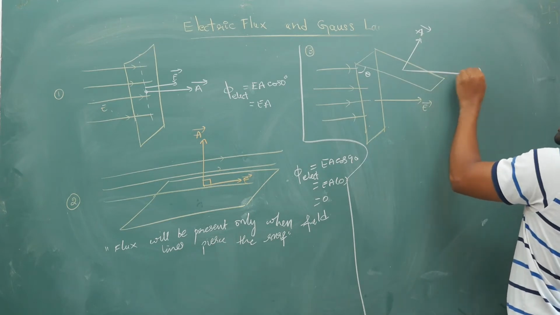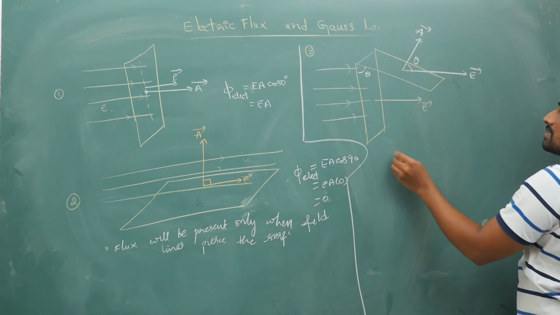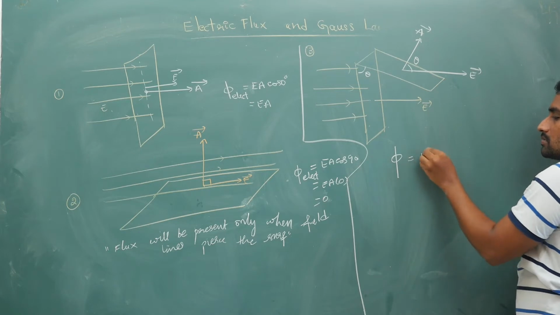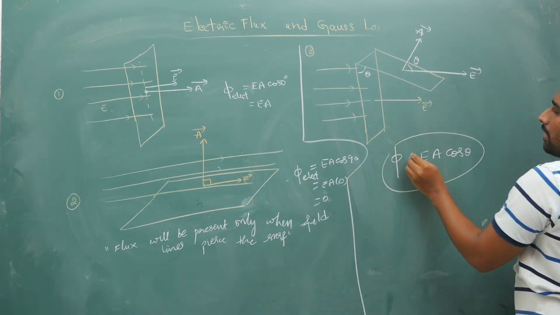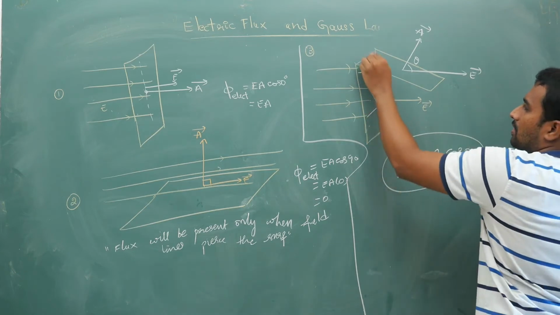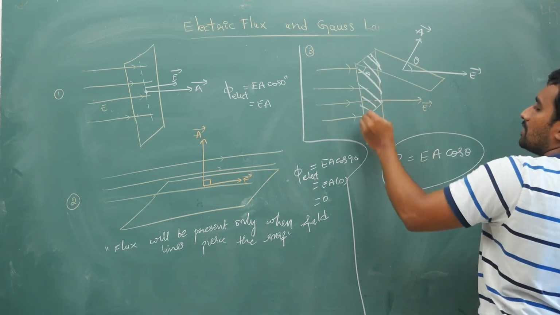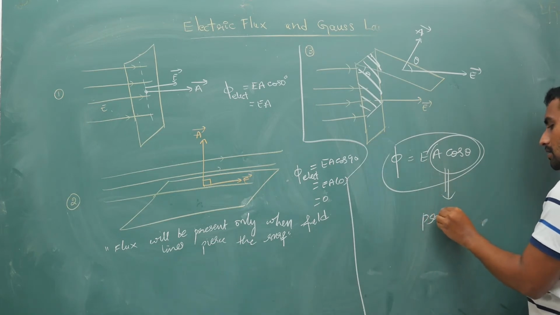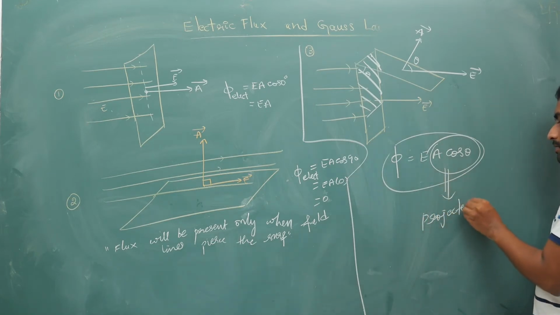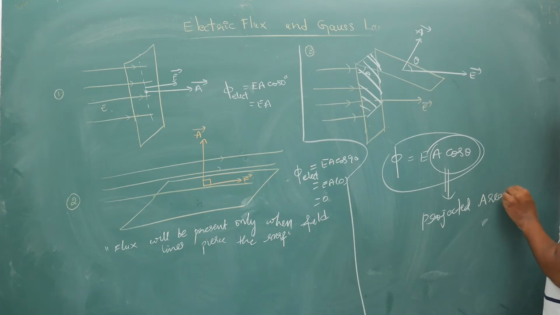So this is your E bar, this is your A bar, this is theta. Your electric flux is going to be EA cos theta like this. And this A cos theta area is actually called the projected area or normal area.